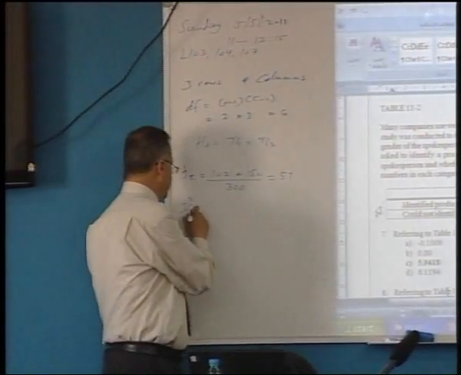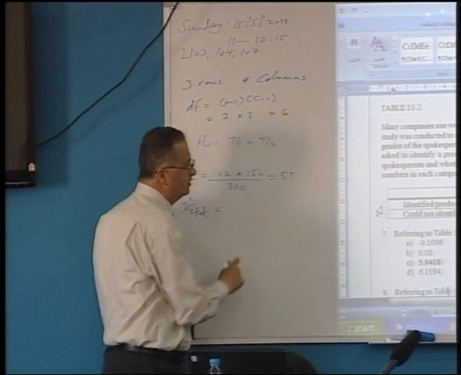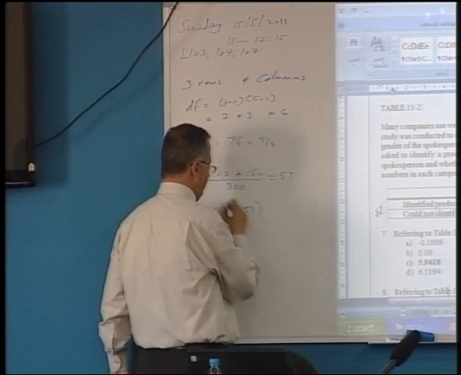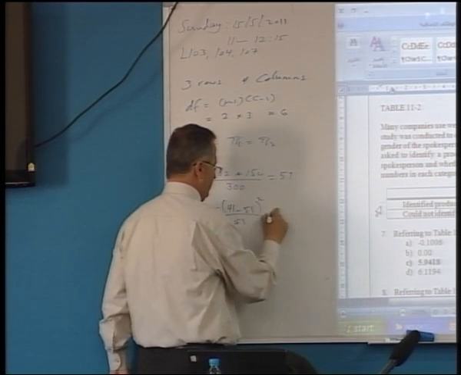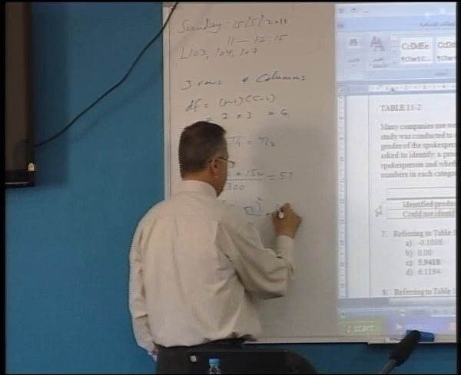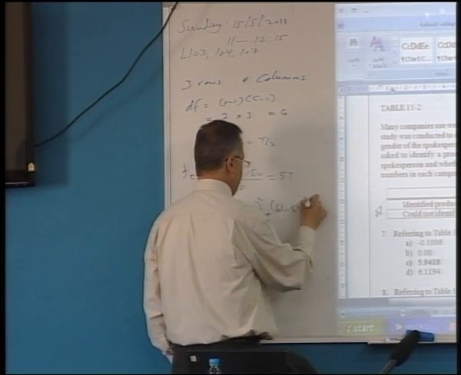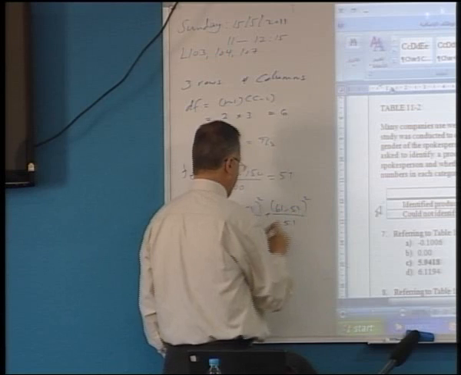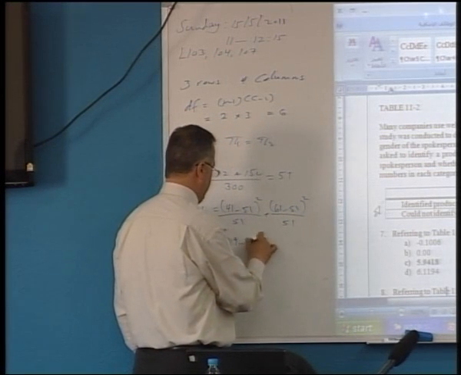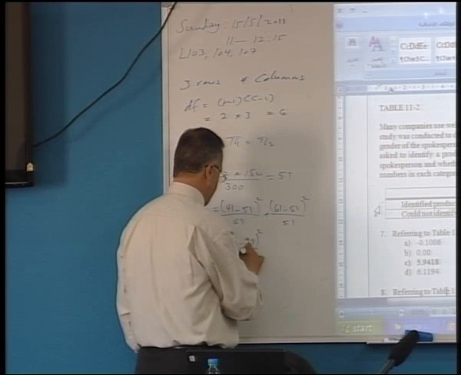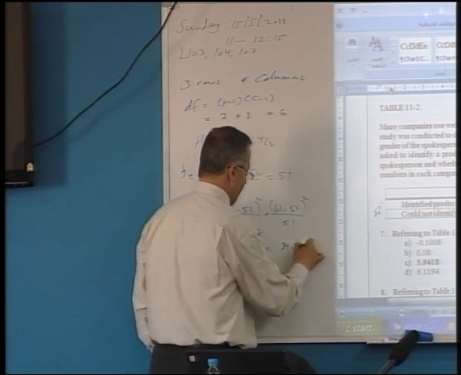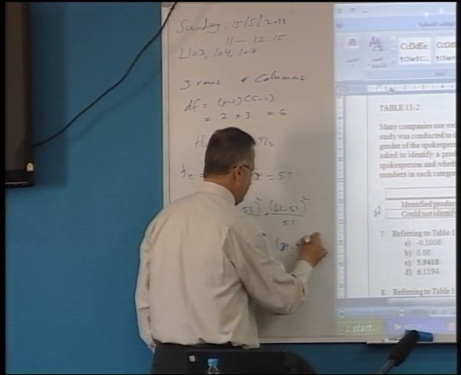So my chi-square statistic is (41 minus 51) squared divided by 51, plus (61 minus 51) squared divided by 51, plus (109 minus 99) squared divided by 99, plus (89 minus 99) squared divided by 99.